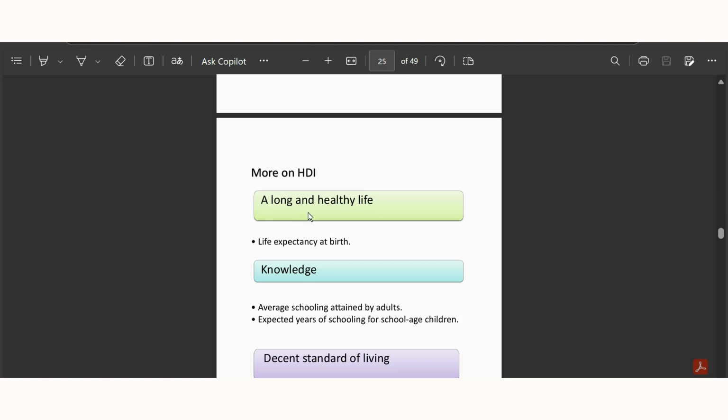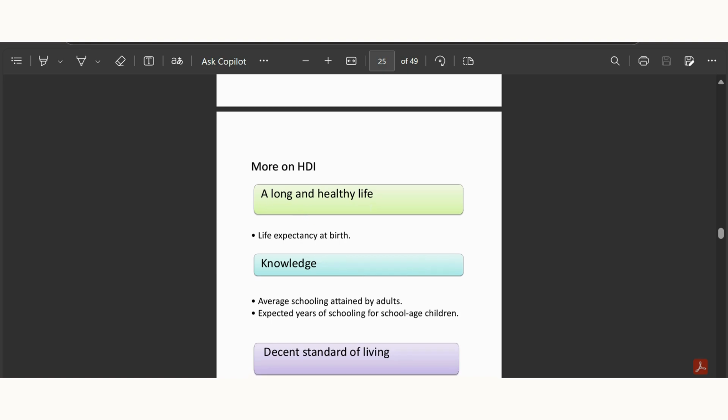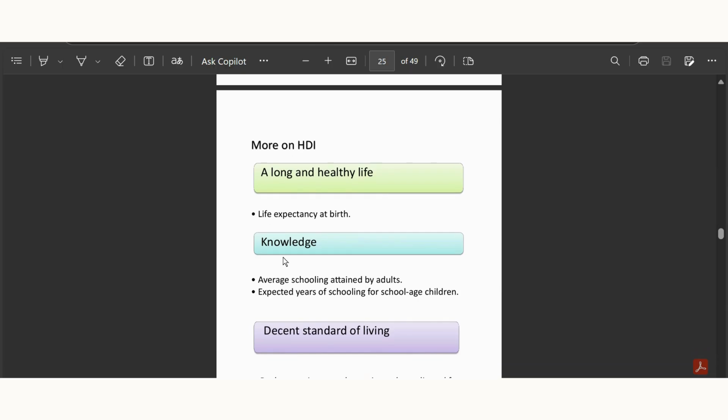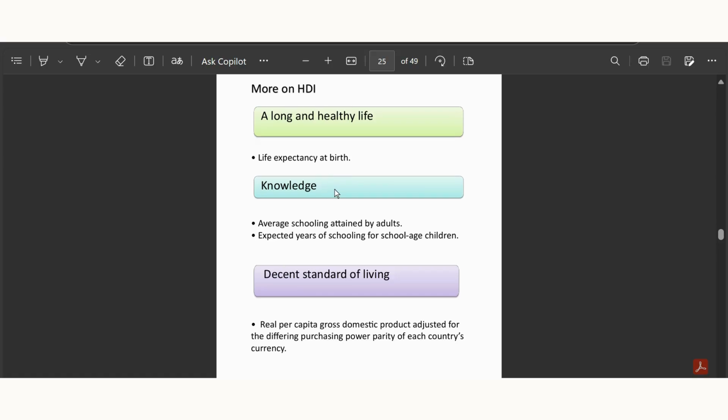First, a long and healthy life. In this dimension, we will use life expectancy at birth as indicator. Second, knowledge. In this dimension, we will use two indicators. First, average schooling attained by adults. Second, expected years of schooling for school age children.